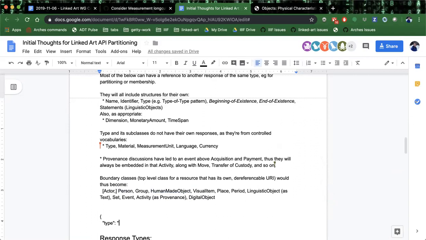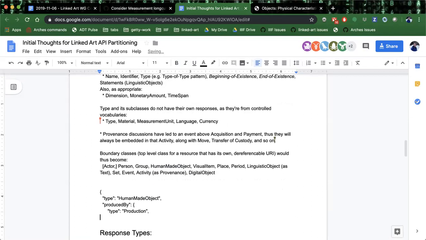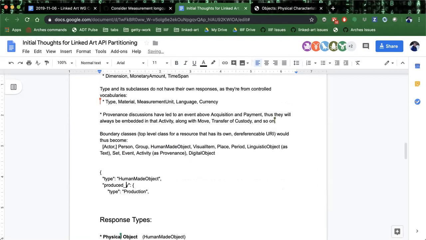And yeah, this is, I guess, one of the implications of the patterns. So at the moment, it probably wouldn't be. So I think it would be the human-made object is produced by the production, which is carried out by the URI of person, who is of type person.